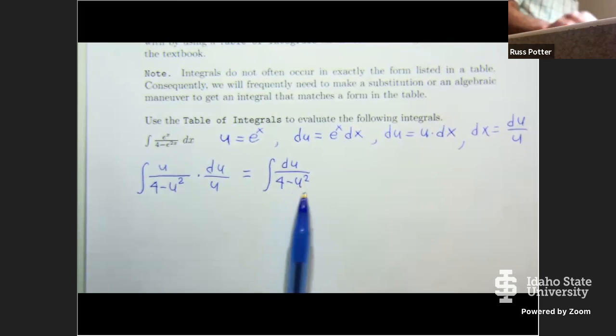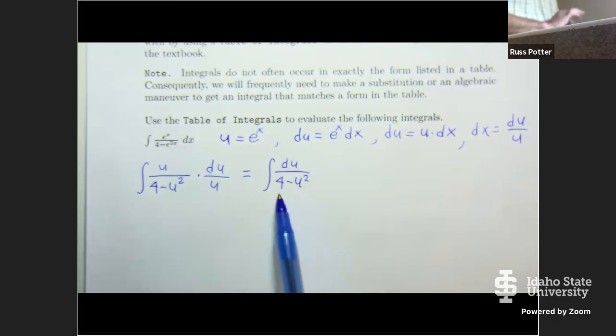We do know how to evaluate this integral from what we've discussed this semester already. If we didn't use a table of integrals, how would you proceed? Yeah, a trig substitution. We could pick u equals 2 times sine of theta, because this has the form a squared minus u squared.